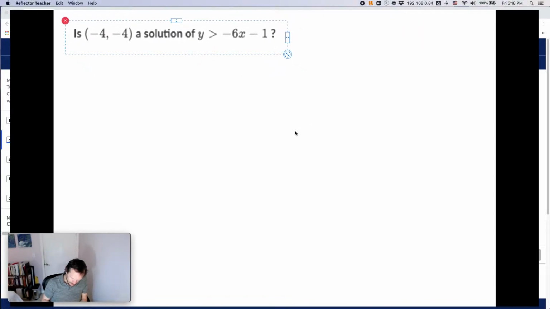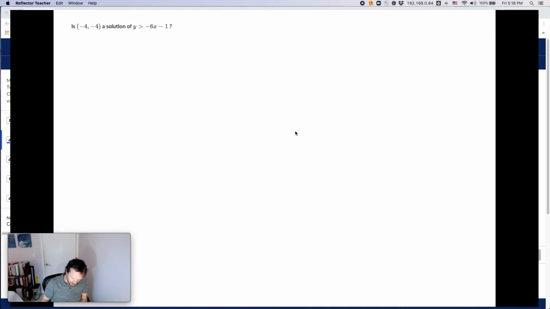And now are we going to decide if that's a solution? Well, we can decide by taking the points and plugging them in. So we're taking the -4, plugging it in for x, this -4, plugging it in for y, and seeing if we have a true statement.